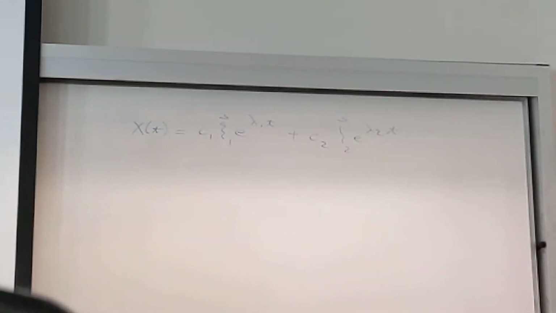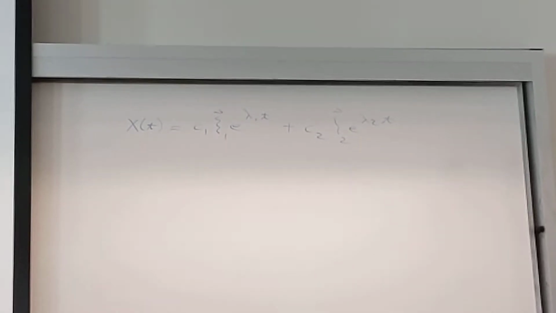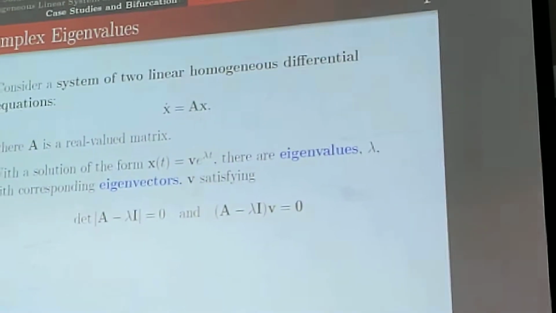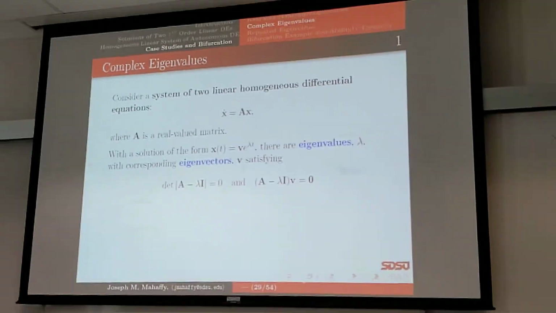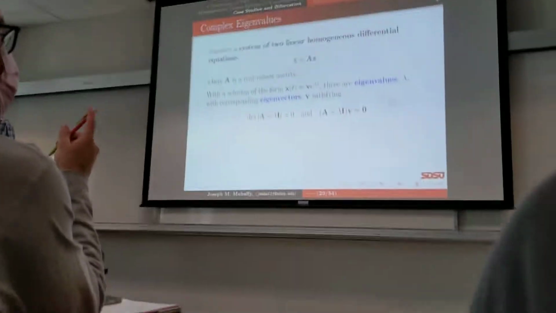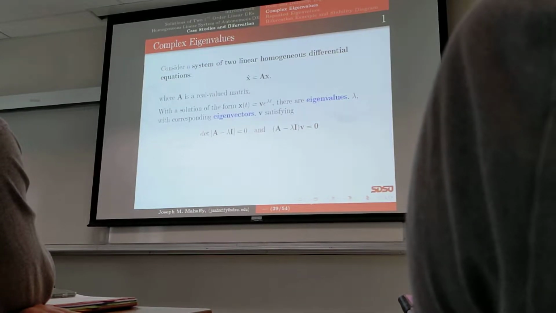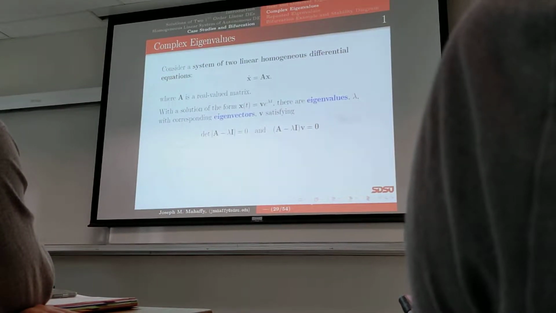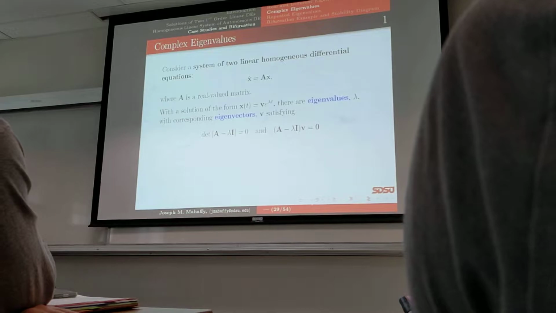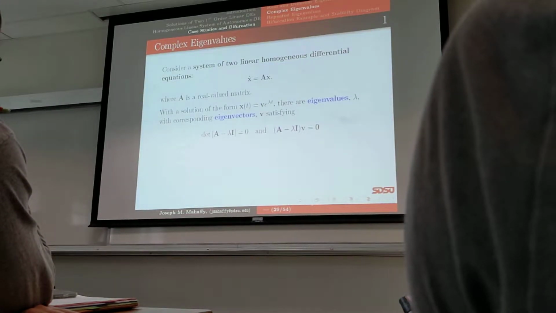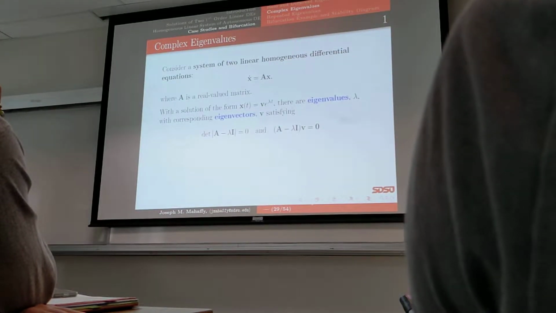So we get our two linearly independent solutions based on the two eigenvalues. And if they are distinct eigenvalues, we know we have distinct associated eigenvectors with them. That's why I'm not doing the case where you have the repeated eigenvalue, because the repeated eigenvalue gives us more complications. And we'll talk about that soon enough.